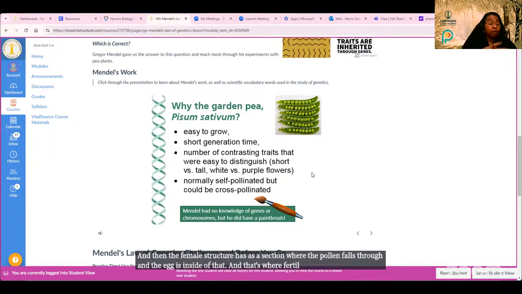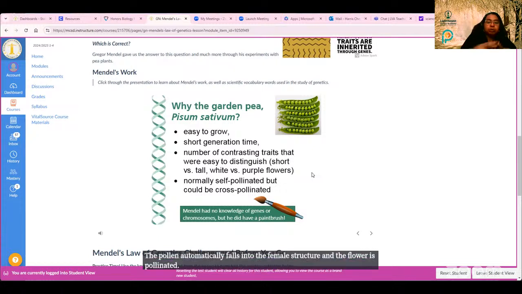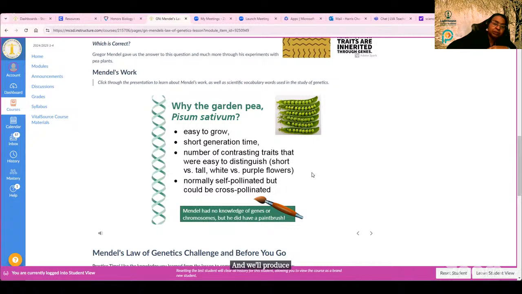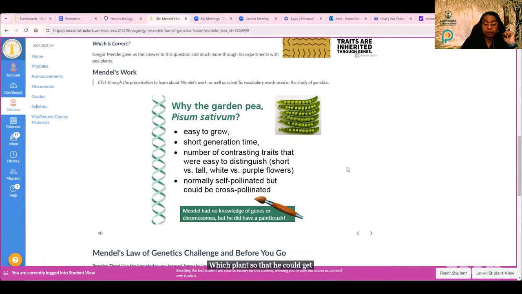Self-pollinating is when, if you just brush the plant a little bit, the pollen automatically falls into the female structure, and the flower is pollinated and will produce the seed; the peas are the fruit that will develop from that pollination. He didn't want that to happen, so he removed them so that he could control which plant is pollinating which plant, so that he could get the results that he wanted.